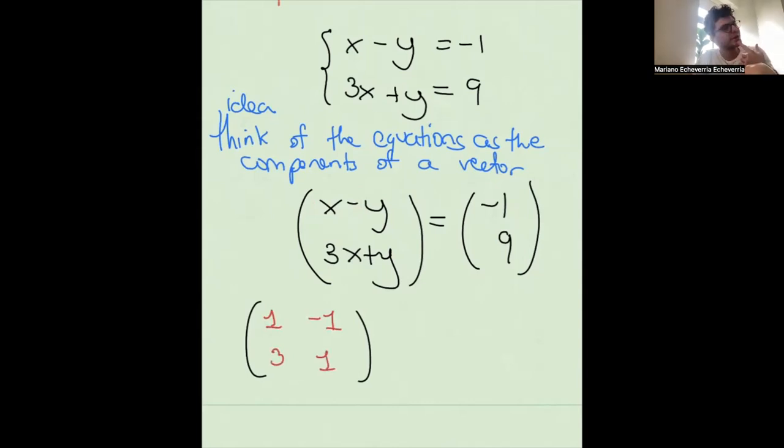Right. If you read the coefficients that appear in x and y, which are 1, -1, 3, 1, and you do that times the vector xy, you get back this vector. Is that making sense?